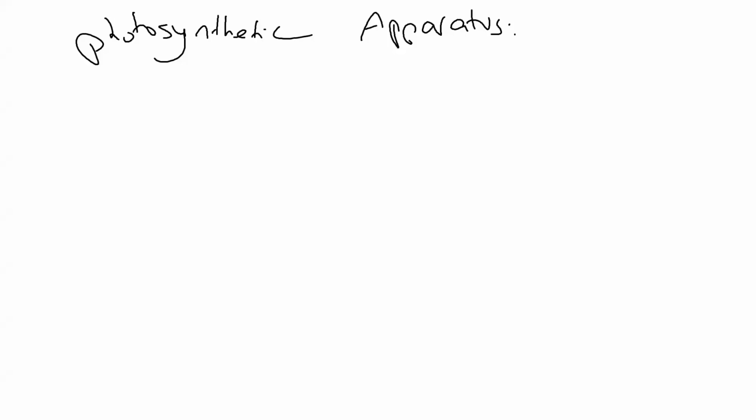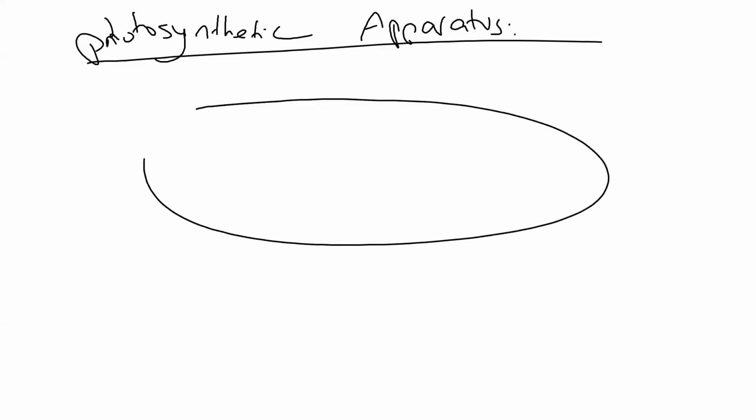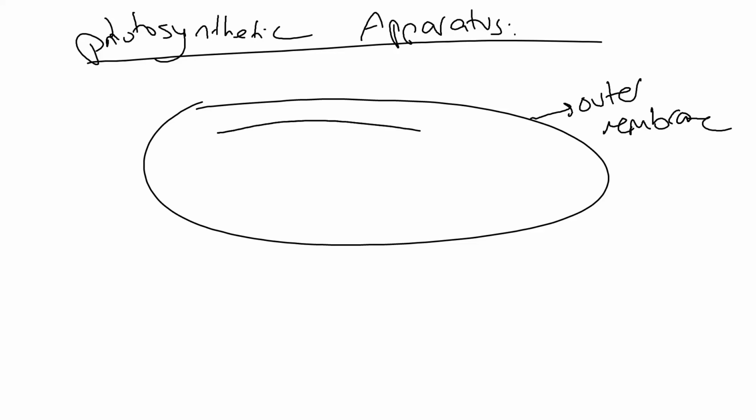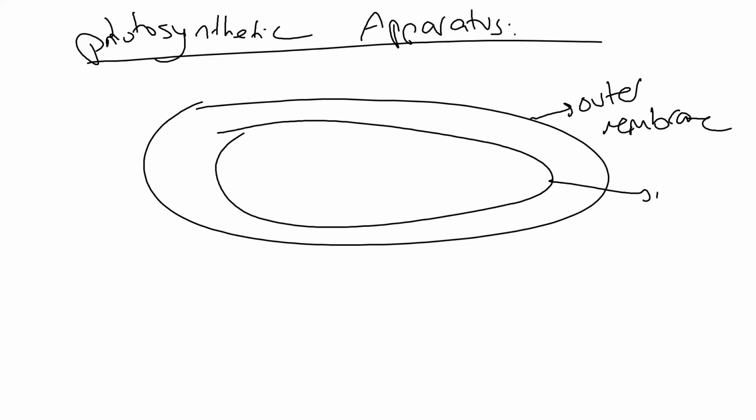It looks like this. Let's say this is the chloroplast. Here we said that the chloroplast has an outer membrane and an inner membrane. So this is the outer membrane, and here we have the inner membrane.